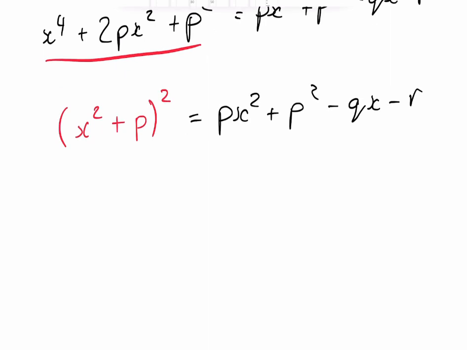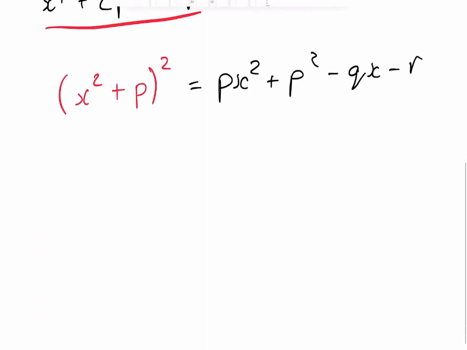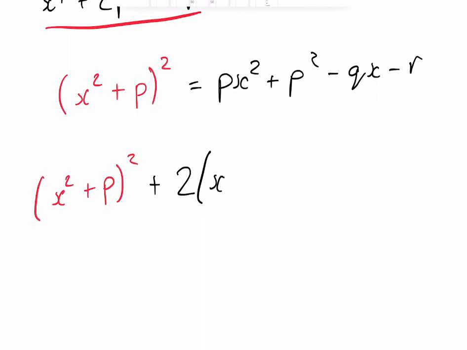Now we're going to introduce a scrap variable z. This just helps us with factorising. So we're going to add 2x squared plus pz plus z squared onto both sides. I'm going to write our x squared plus p all squared, and then the other thing we need to add, plus 2x squared plus pz plus z squared.